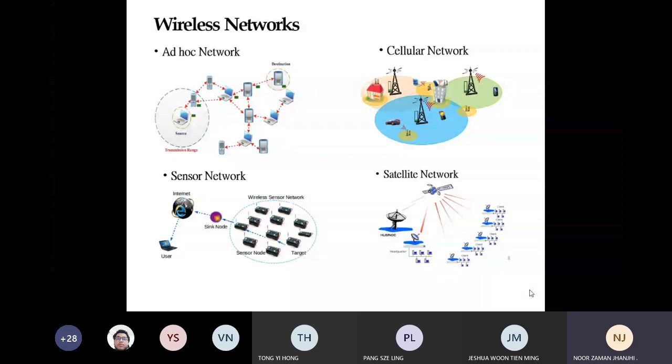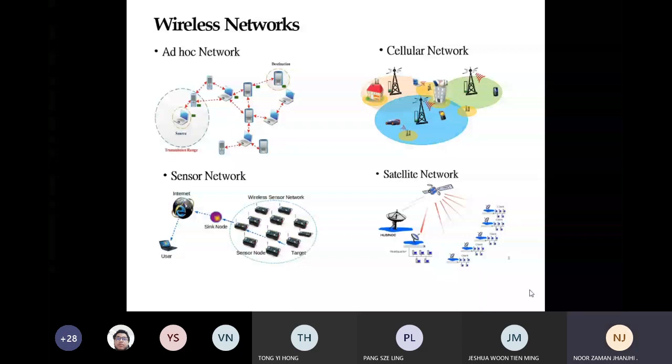you are going back. The second is the cellular network, which we are using and know very popularly. Commonly, we say this is mobile data. That mobile data is actually known as the telecommunication network or cellular network. The third is the sensor network. Most of the Internet of Things goes to this one.